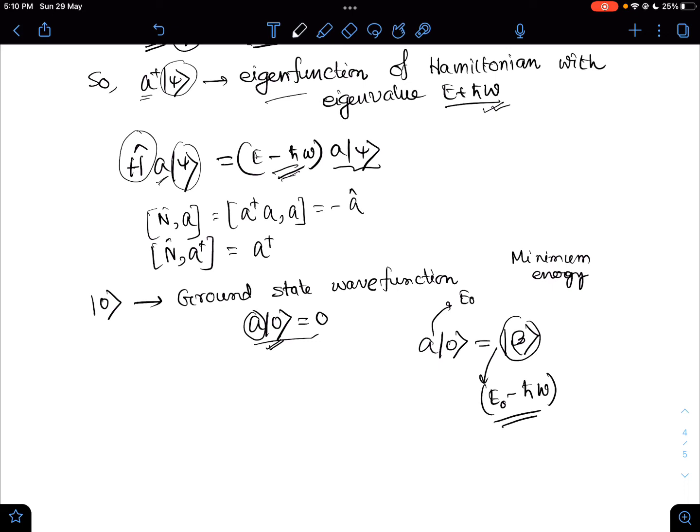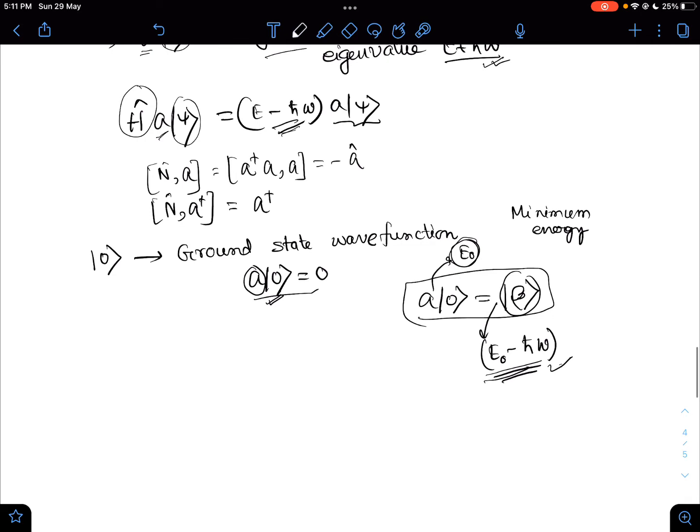But this is not true, because E0 should be the minimum energy, and this value is lower than it. So this can't be true. That is why if we apply the lowering operator on the ground state wave function, it must always give us 0.